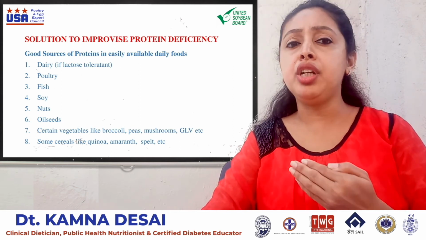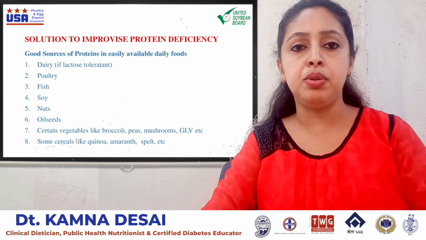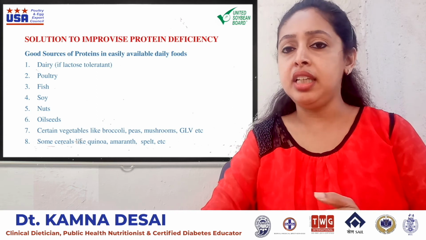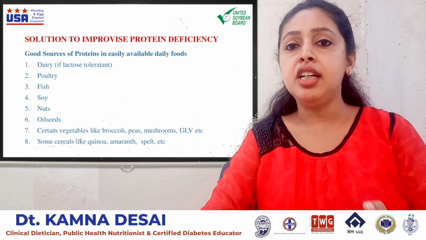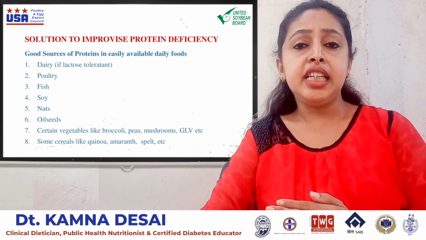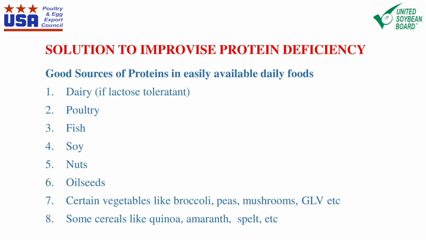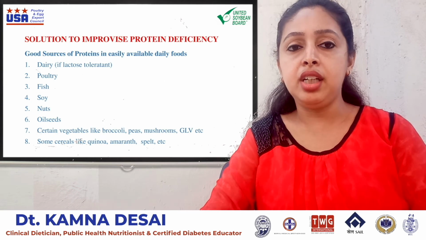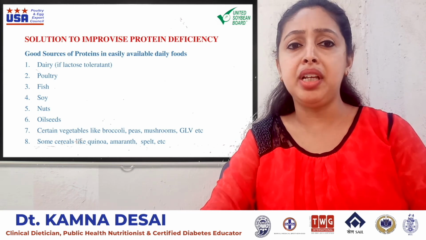You need to include that as much as possible in the diet. If you're lactose tolerant and there are no issues with dairy, definitely dairy should be included in the diet. The second would be poultry, your chicken meat, or even turkey meat. It could also be eggs, which are frequently available.